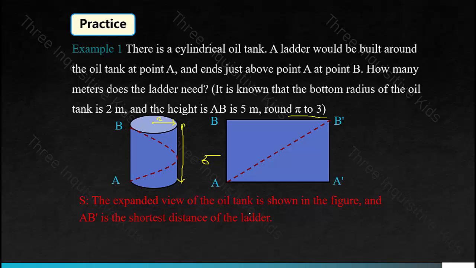The expanded view of the oil tank is shown in the figure, and A prime B prime would be the shortest distance, the ladder right here. Because A prime is equal to 2 times 3 times 2, which is 12, and A prime B prime equals 5, AB prime equals 13. That is, the shortest ladder needs to be 13.